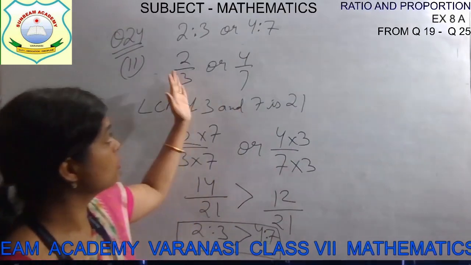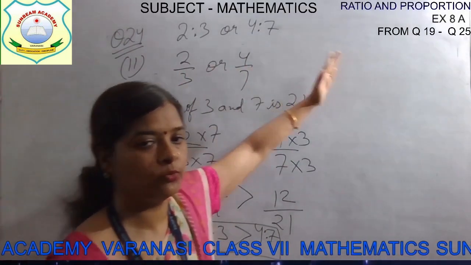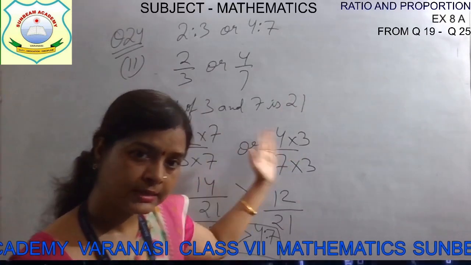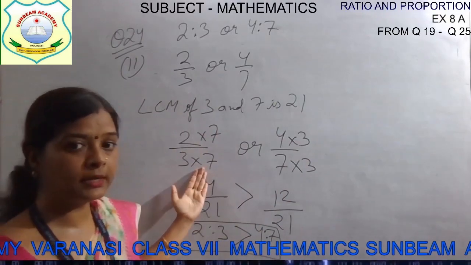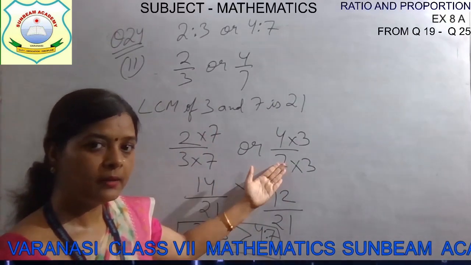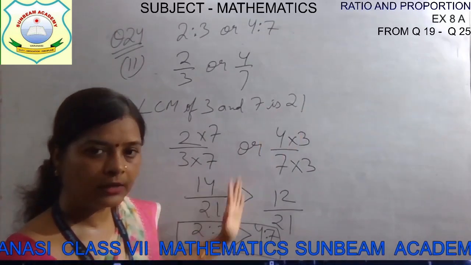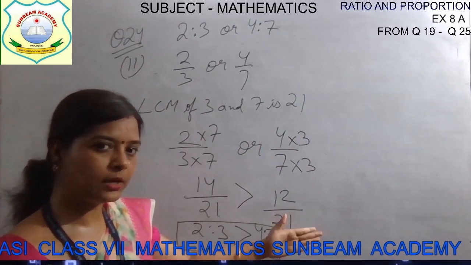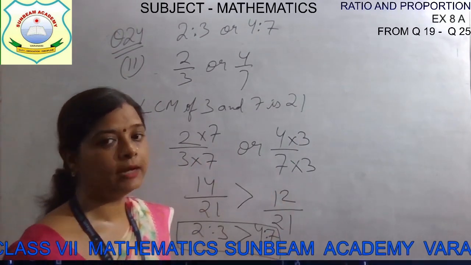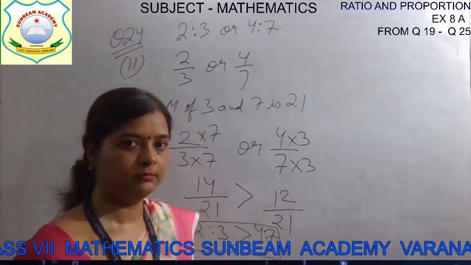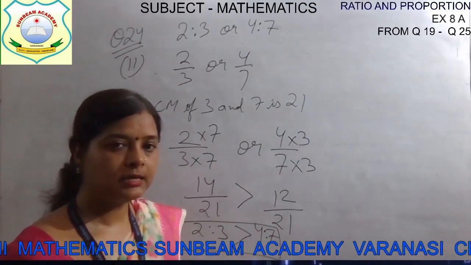You just write those ratios in this form: 1st ratio, 2nd ratio, 3rd ratio, 4th ratio. Take their LCM. Then make the denominators equal to the LCM. And then when the denominators are equal, by looking at the numerators, you can find which one is greater. Clear? I will pick one question in the next class.